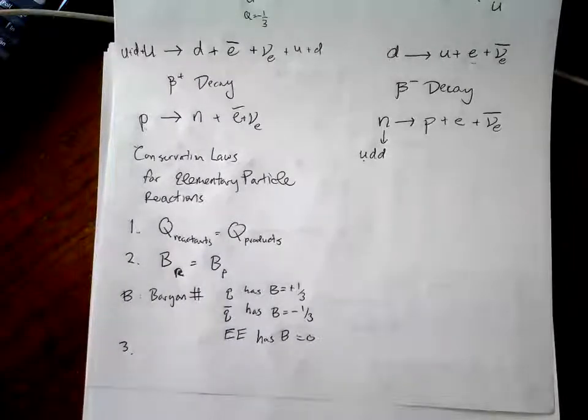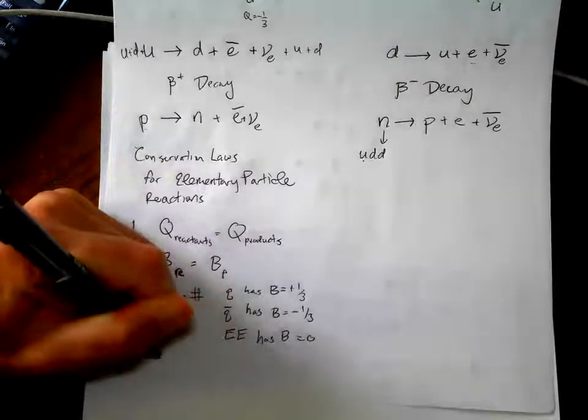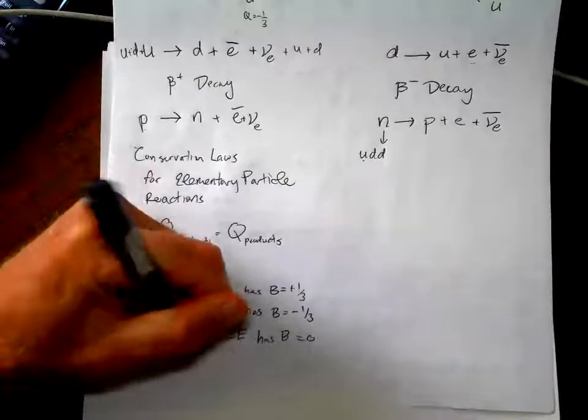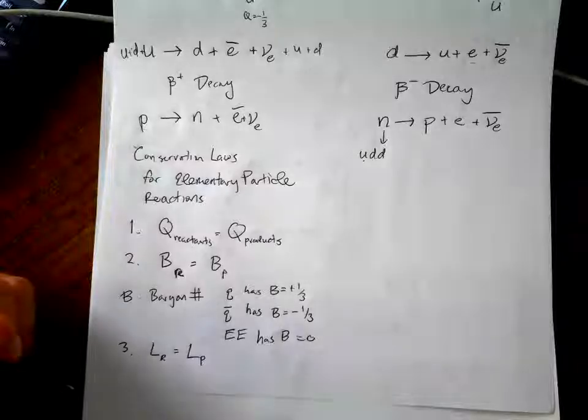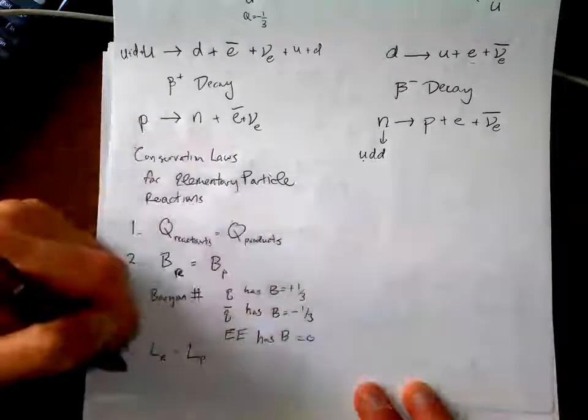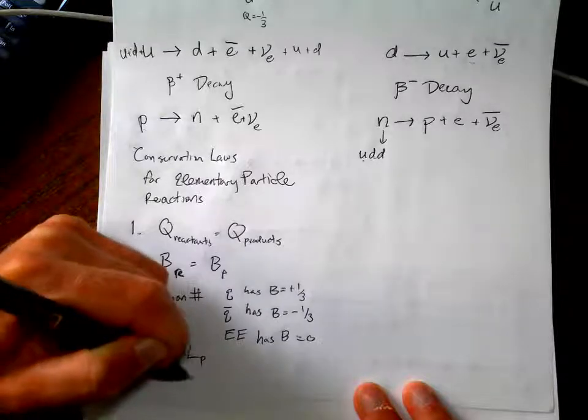A third conservation law is called lepton number. So the lepton number of the reactants is equal to the lepton number of the products. L stands for lepton number.